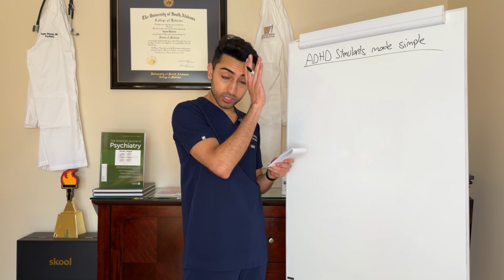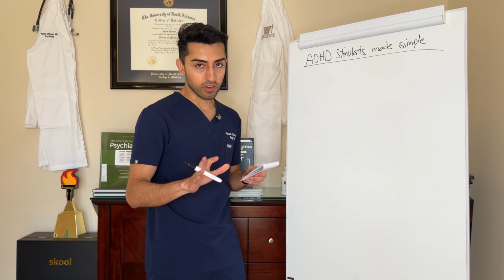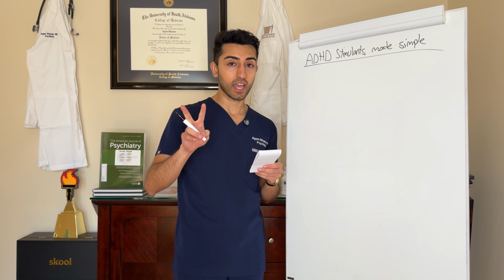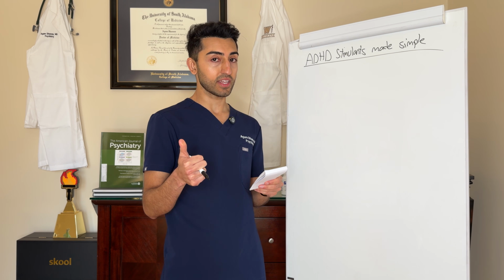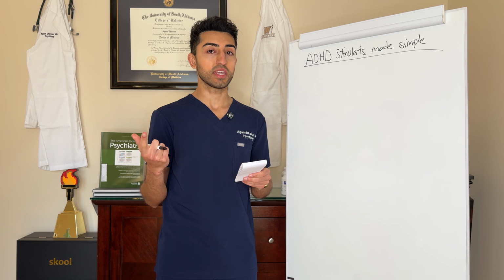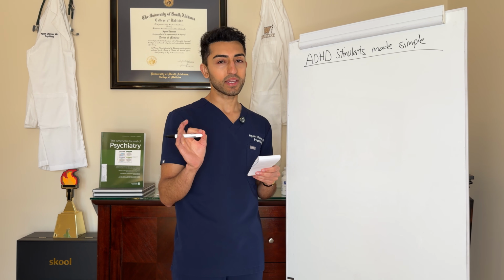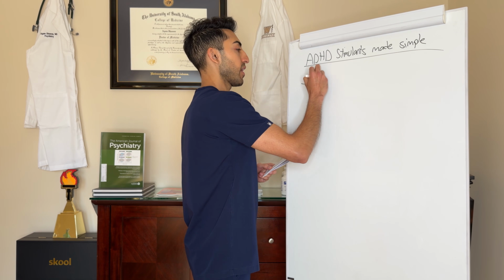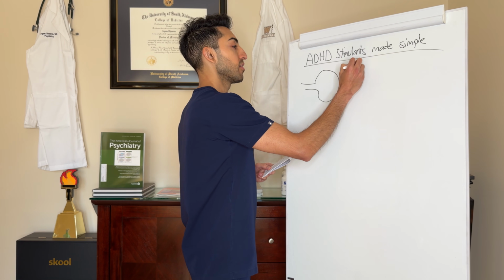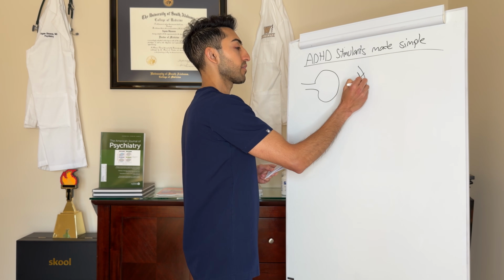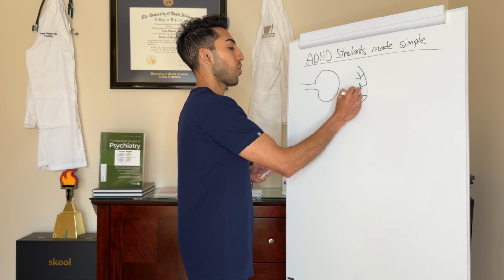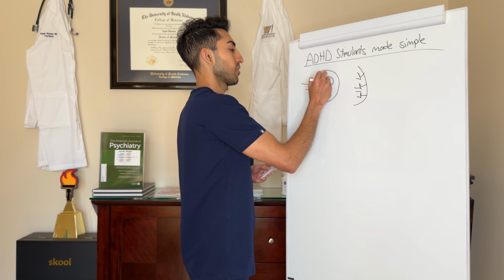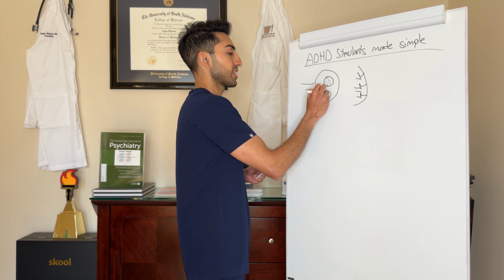So the very basics we've got to remember are that the ADHD stimulants are broken down into two different categories: the methylphenidate category and the amphetamine category. And their mechanism of action is just a little bit different. So let's say we have our presynaptic neuron here, and then we have the synapse and the postsynaptic neuron over here. And then here we have these vesicles, and these vesicles contain dopamine.